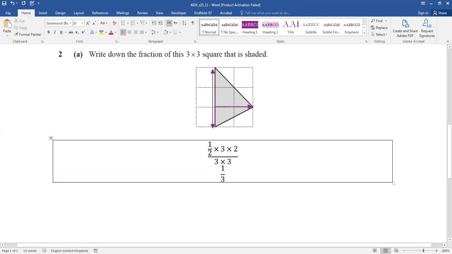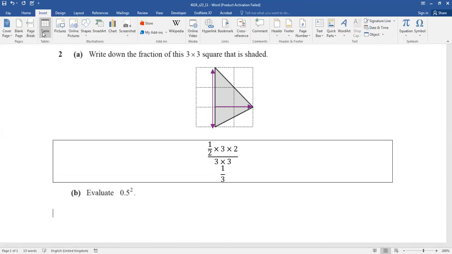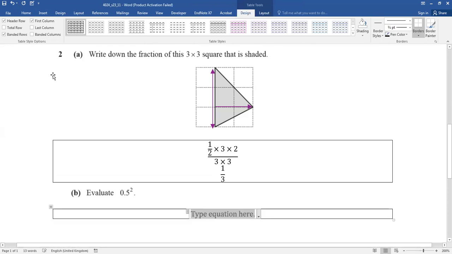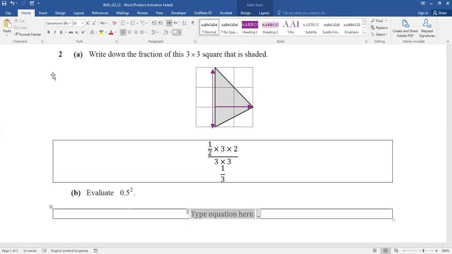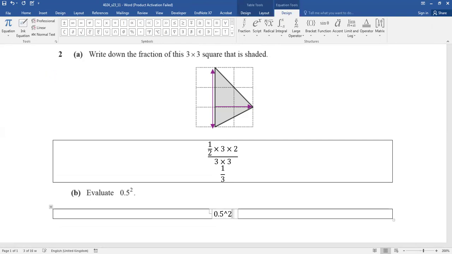Moving on to the next part. It asks us to evaluate 0.5 squared. Be careful with this. 0.5 squared can either be written as 5/10, or you can directly square 0.5.